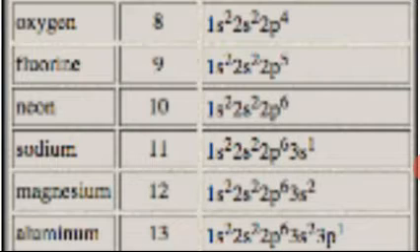Less than 2 is allowed in s subshell, but not more than 2 for subshell s, not more than 6 for p subshell. This is oxygen, atomic number 8, 1s2, 2s2, 2p4. Fluorine, 1s2, 2s2, 2p5. Then neon is completely filled because this is a noble gas. This neon, 1s2, 2s2, 2p6.